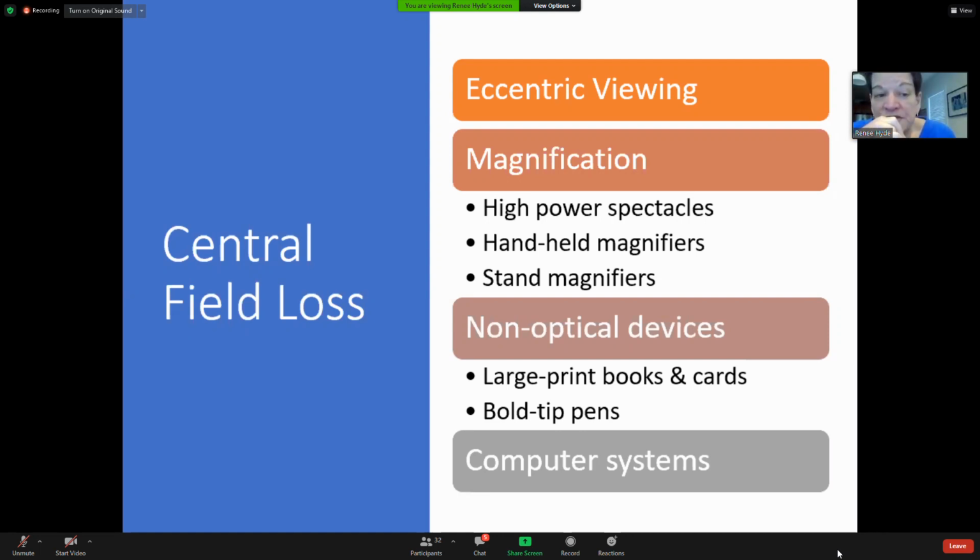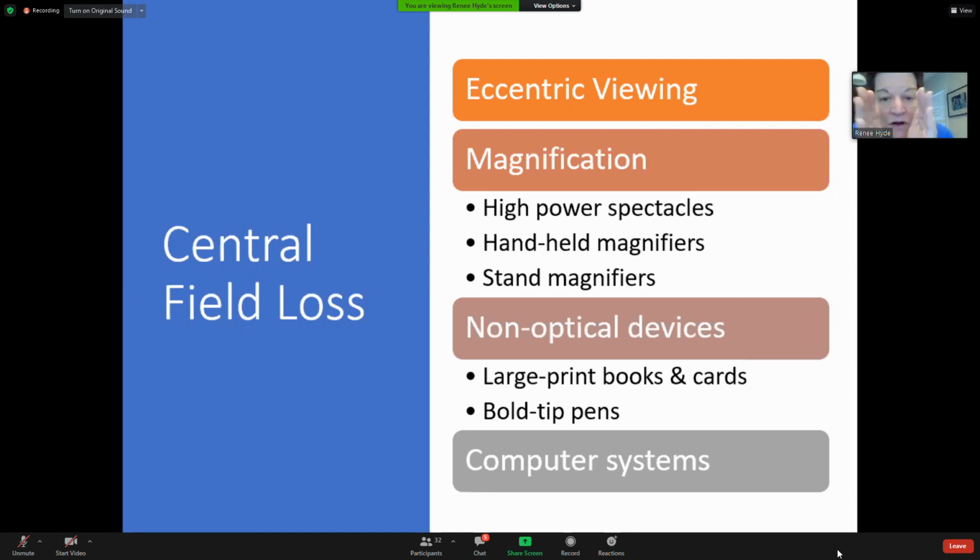With patients with central loss, high power spectacles, they look almost like binoculars. Or if you've seen the doctors use the operating glasses, they have high magnification. Handheld magnifiers or stand magnifiers are very important with these patients.